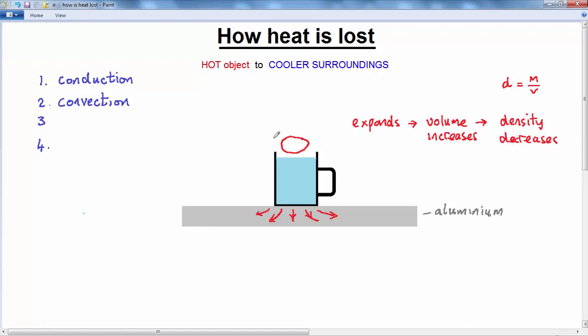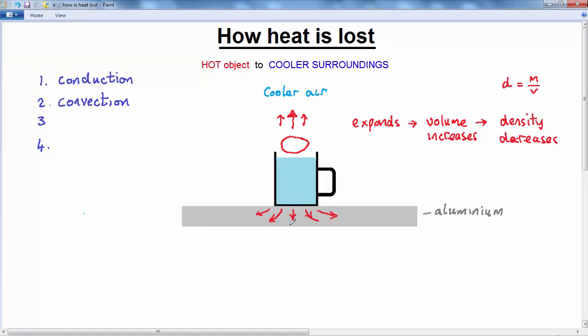And because its density is now less than the colder air above it, the warm, low density air will rise, okay? And heat will therefore be transferred by convection.